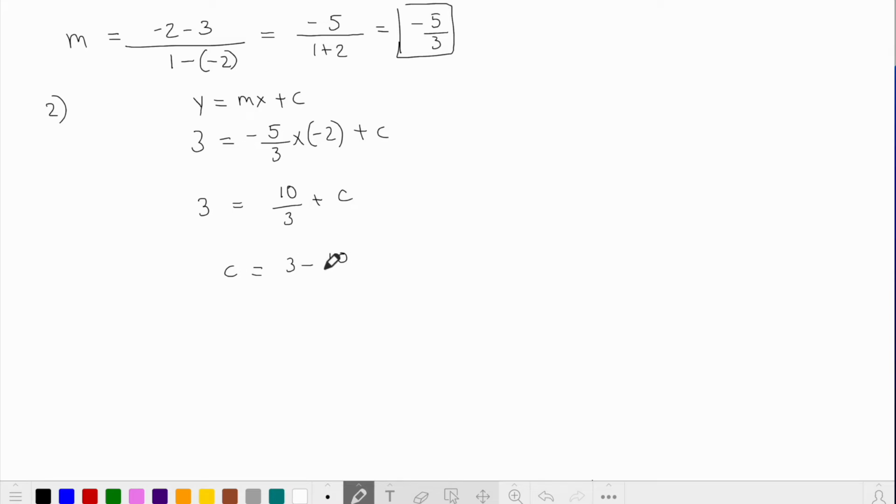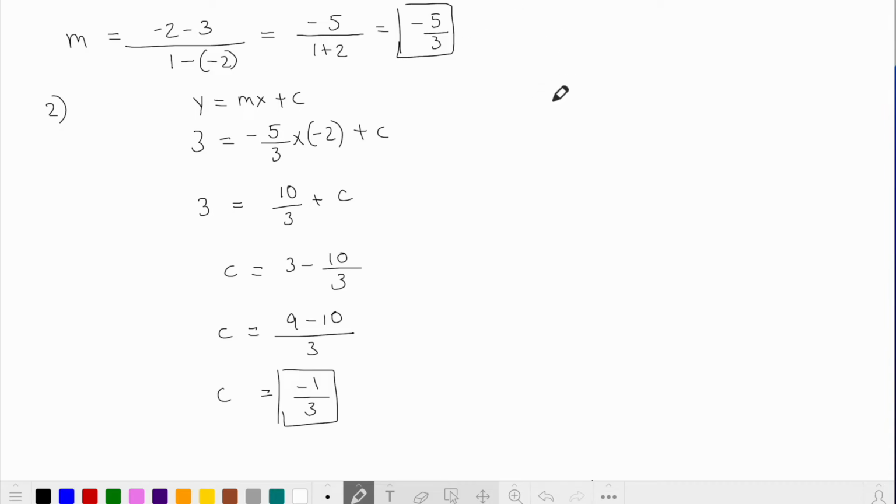On the right side it will be cancelled out because it's positive and negative 10/3. We have 3 as 9/3, so 9 minus 10 divided by 3, finding the common denominator, gives -1/3. That's the value of c.